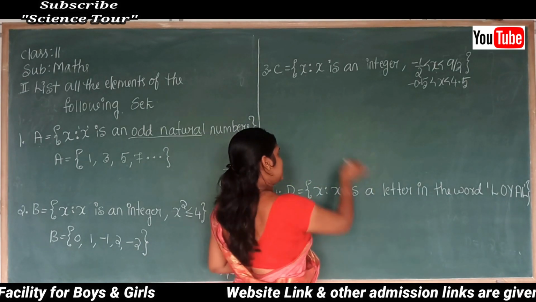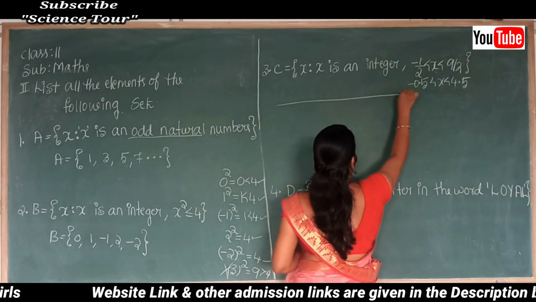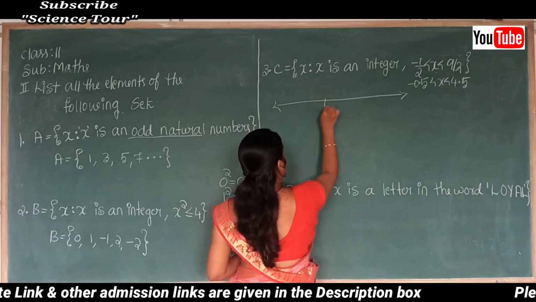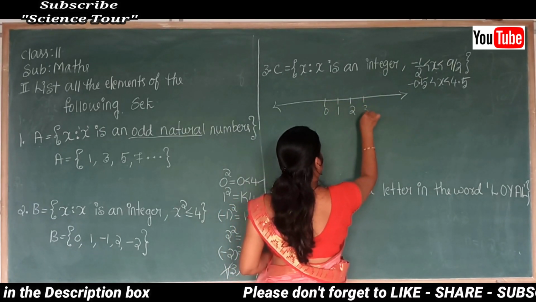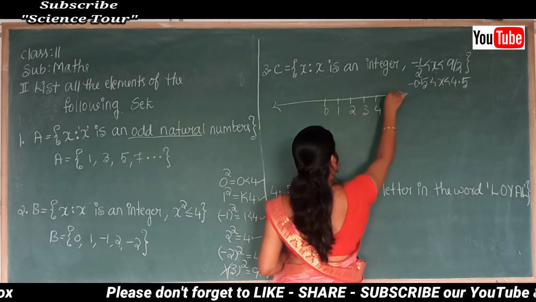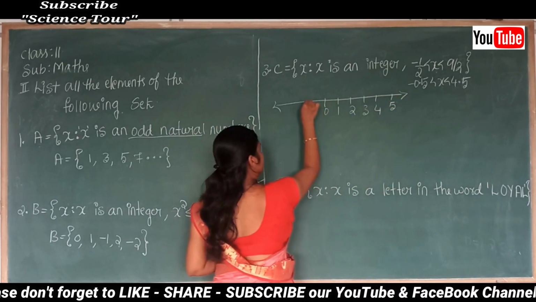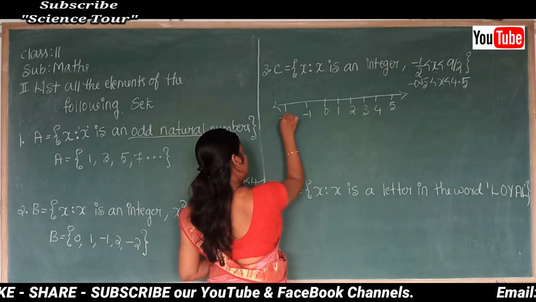Yes. I'll consider one number line. This is your number line. So here 0, 1, 2, 3, 4, 5, minus 1, minus 2.